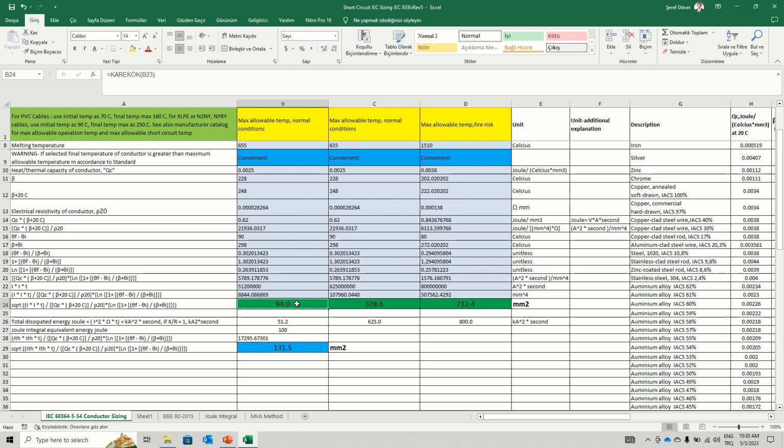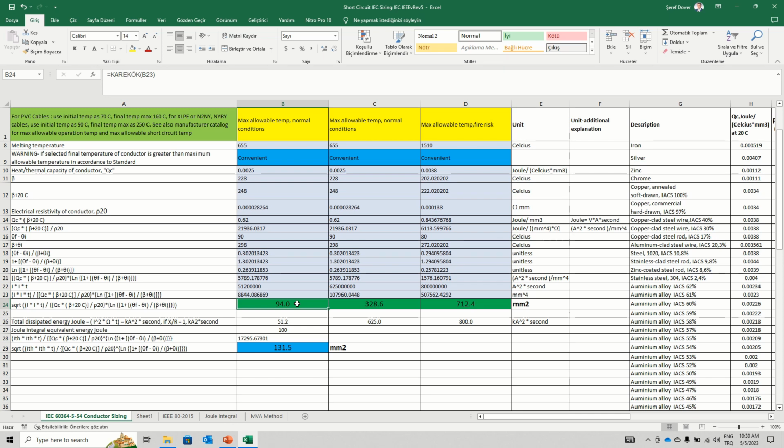This is just because of the DC component effect, because of the Joule integral effect, short circuit current squared multiplied by T, but this T duration in each millisecond, your kiloampere value is coming from a very high level.